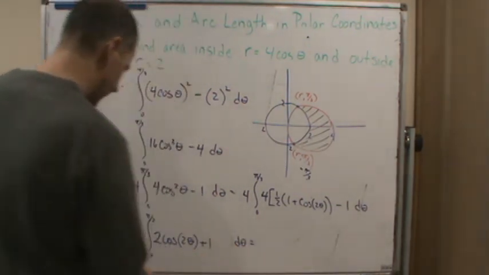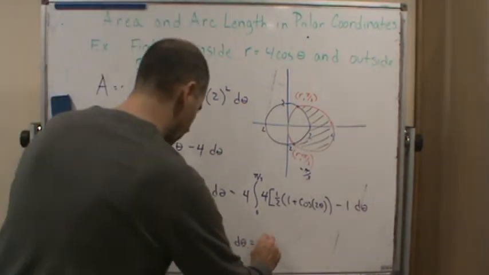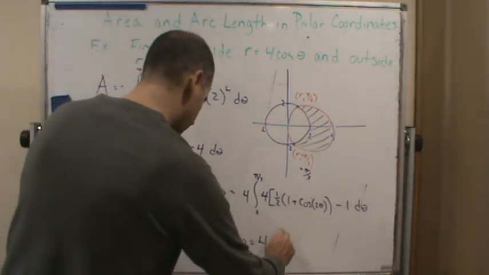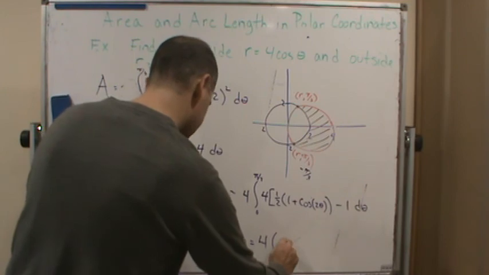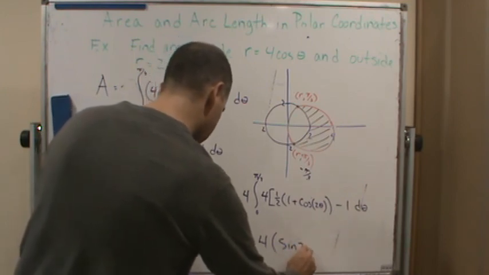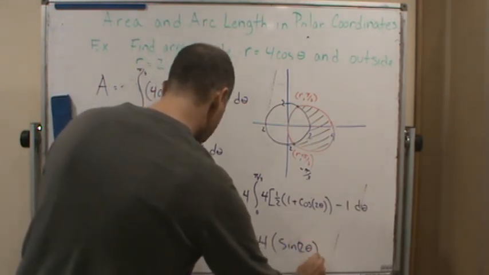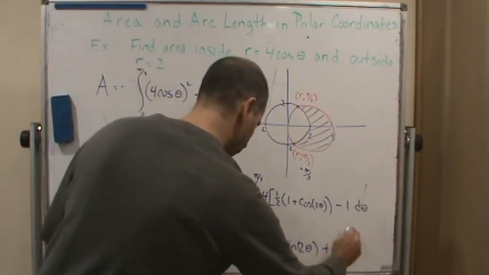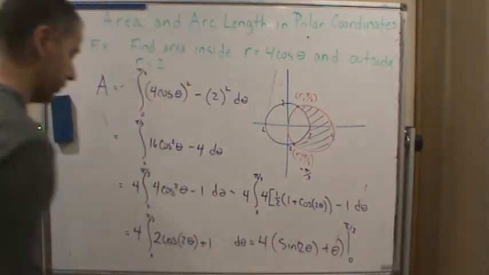So once I integrate, it becomes 4 times sine 2 theta plus theta evaluated from 0 to pi over 3.